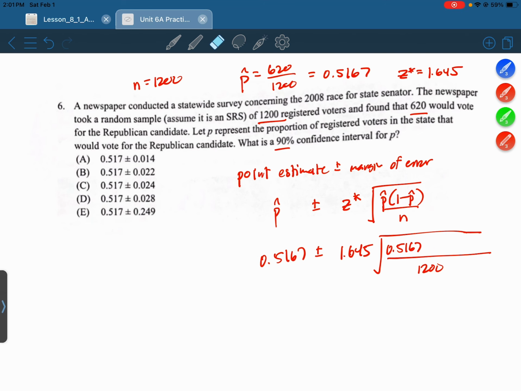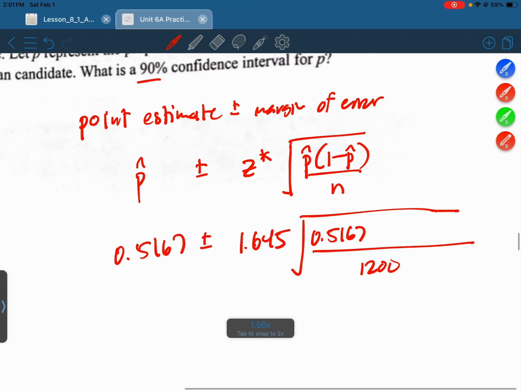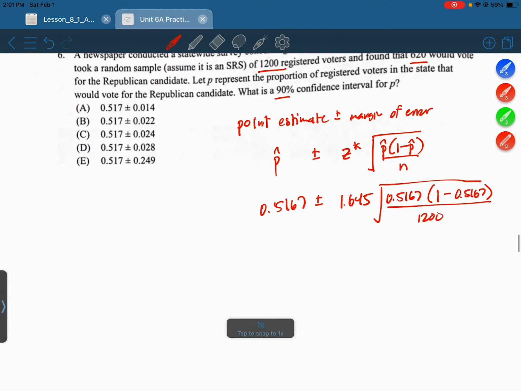Forget that, I did that mentally. We don't even have to do that. We can just write 1 minus 0.5167, and then you can type this directly onto your calculator screen. Sorry, I take that back. You can't do the plus or minus, so you'd have to type it in twice, once with the minus sign and once with the plus sign.